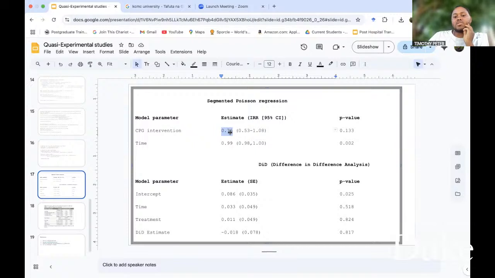So we have to see whether this lower incidence rate ratio was due to CPG only or not. That's why we did this by randomly choosing participants prior to the CPG and after the CPG, making sure we are within 1 year intervals. We don't have to go far from where the CPG was implemented.